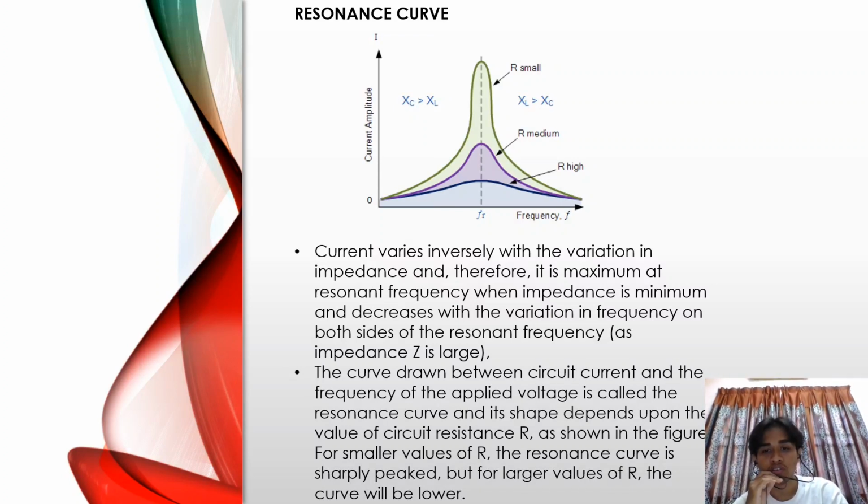The curve drawn between circuit current and the frequency of the applied voltage is called the resonant curve, and its shape depends upon the value of circuit resistance. As shown in the figure, for a smaller value of R, the resonant curve is sharply peaked, but for a larger value of R, the curve will be lower.